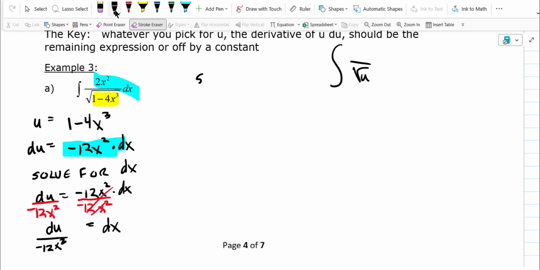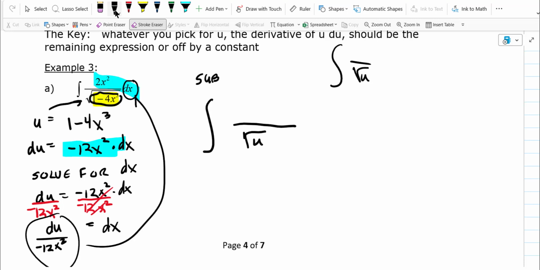Now when you substitute everything in, here's kind of how this goes. All right, first of all, this is going to be u. Okay, we know that u, that's what we set u equal to. So we are going to have square root of u. Okay, now this dx, you're going to replace that dx with what you just solved for. So that's just kind of off at the side.